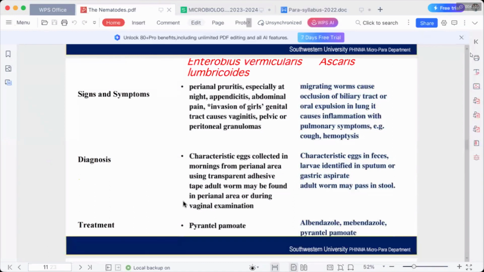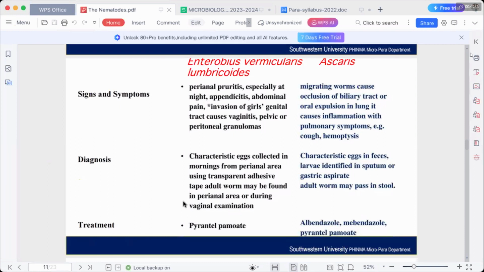Difficulty breathing. There was a case like that that came into the ER. We had no real focus and we thought it was pneumonia or asthma. Nothing was found on the x-ray, only to find out that during the stay in the ER, the patient coughed up an adult ascaris.